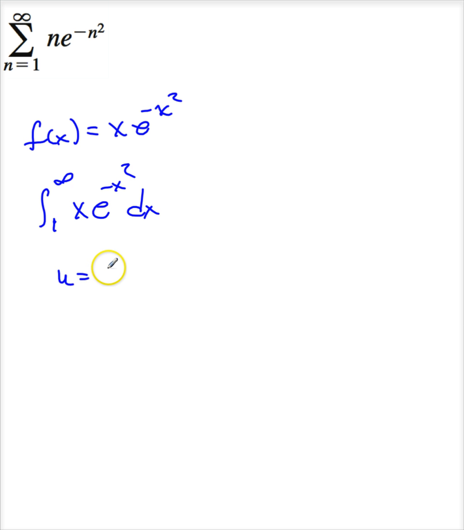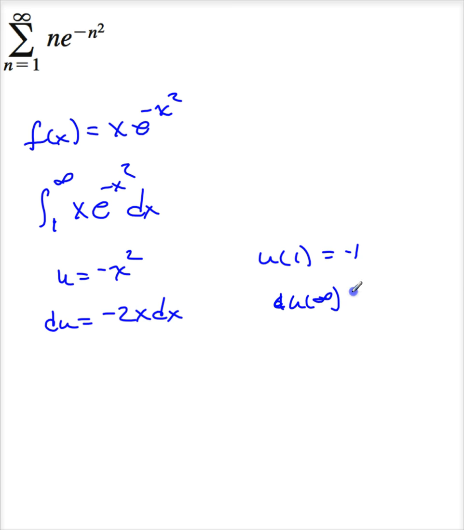u is minus x squared, so du is minus 2x dx. u of 1 is minus 1, and u of infinity, and I absolutely hate writing this, is minus infinity. So when I rewrite this, it becomes the integral from minus 1 to minus infinity of, I need x dx, so this is minus 1/2 du, e to the u.